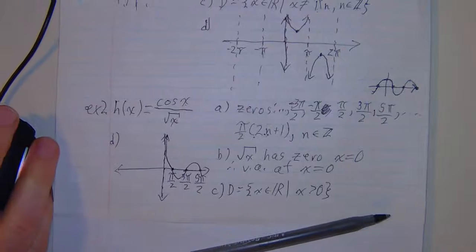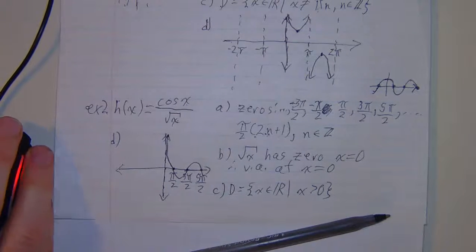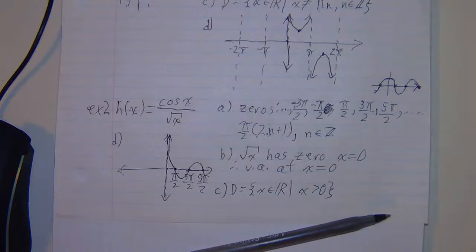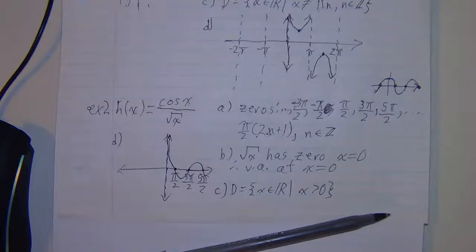So pop over to Desmos now and go ahead and graph that one, cos x divided by, or slash, and for the square root, you can go into the Desmos window or so on, but you can also just type sqrt and it will automatically turn that into the square root symbol for you.